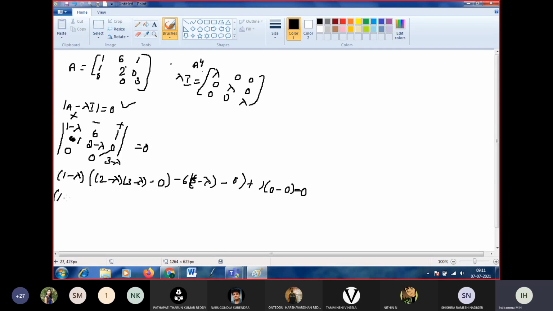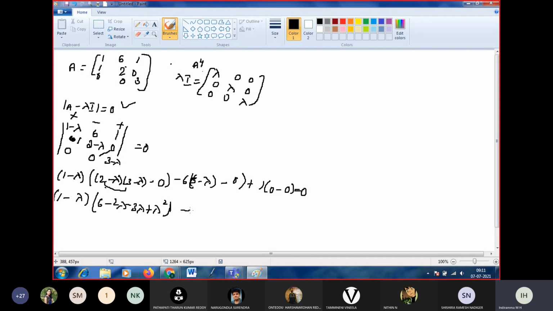So next simplify, 1 minus lambda. Multiply here, 2 3s are 6, minus 2 lambda, minus 3 lambda, minus into minus plus lambda square. Next, so here what we have, okay, close the bracket.